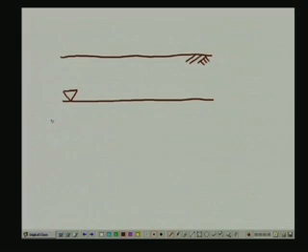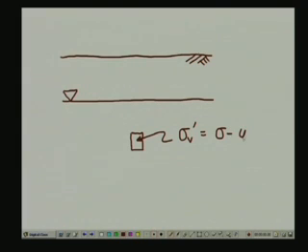In this case, if we consider an element of soil underneath the groundwater table, then for this soil we are going to have the effective stress sigma v prime equal to sigma minus u, where sigma is equal to the total stress due to the bulk unit weight of the soil.